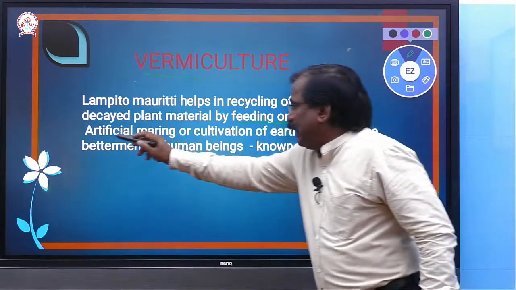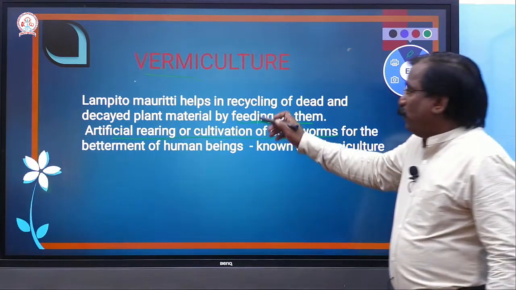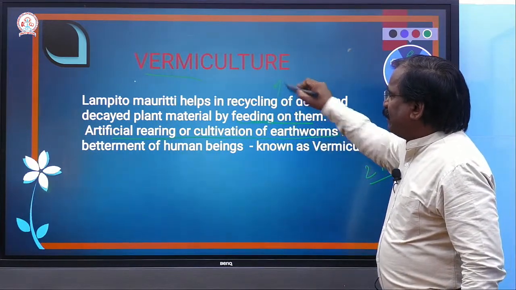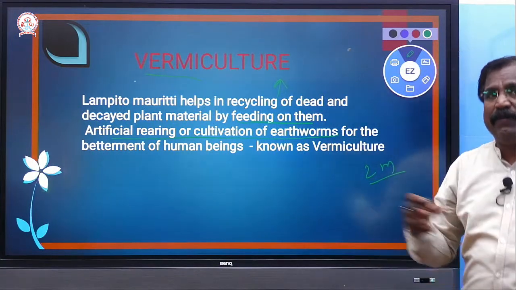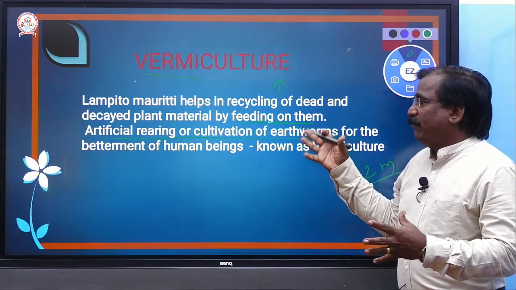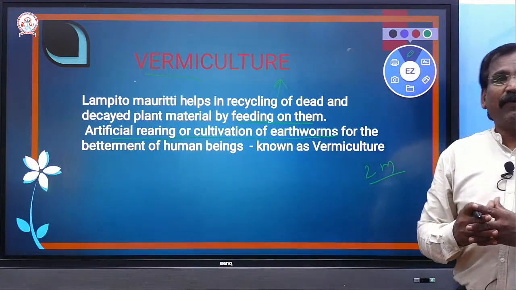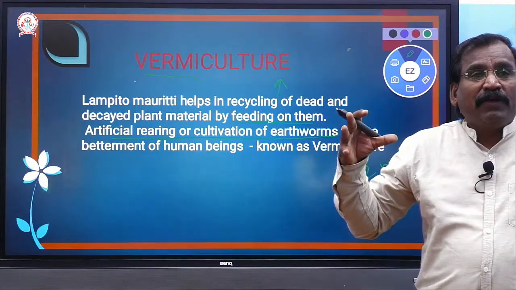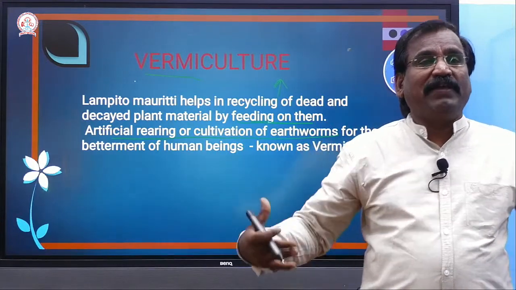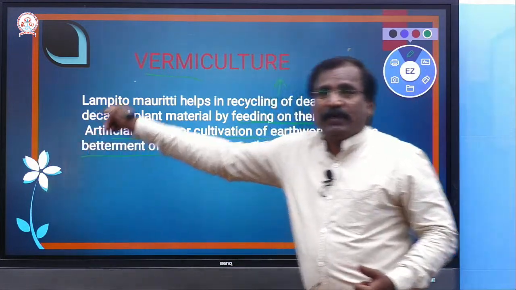That is artificial rearing or cultivation of the earthworms, to increase this normal phenomenon of recycling the dead and decayed plant material. We artificially culture the earthworms and thus we produce the manure. We utilize it for various purposes, agriculture purposes, for the betterment of human beings.